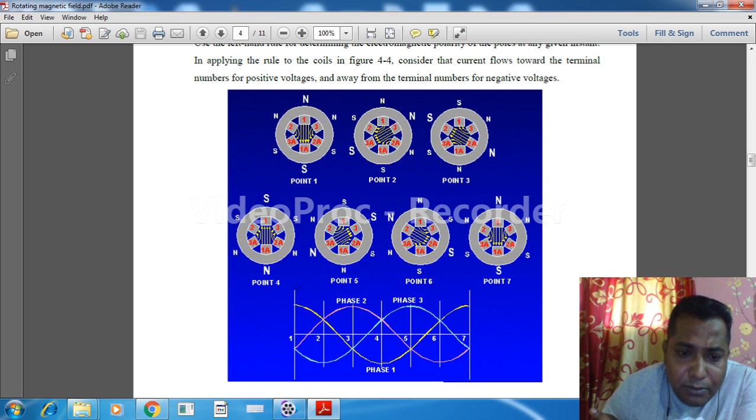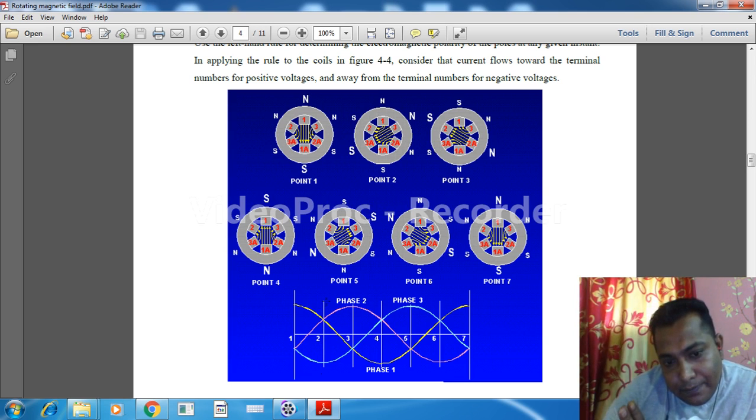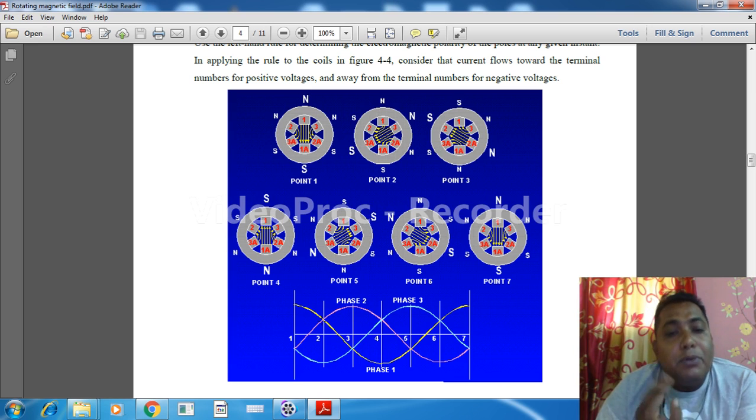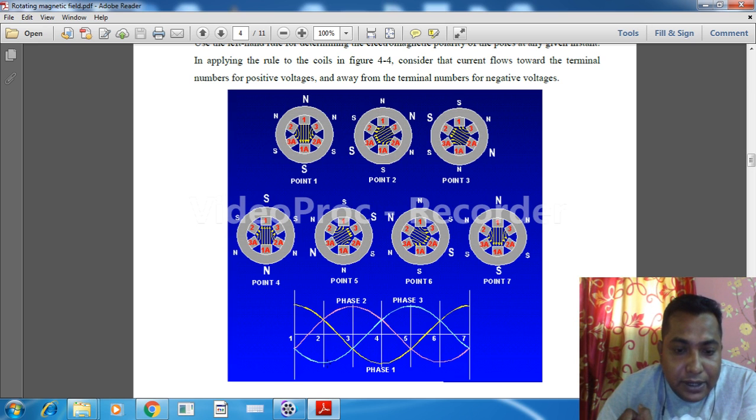If we come to position 1, the yellow phase is in the positive half, and green and pink are in the negative half. Like this, at instant 2, yellow and pink phases are in the positive half, and green is in the negative half.